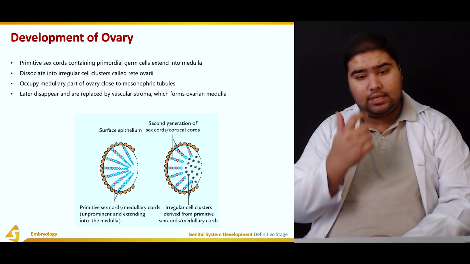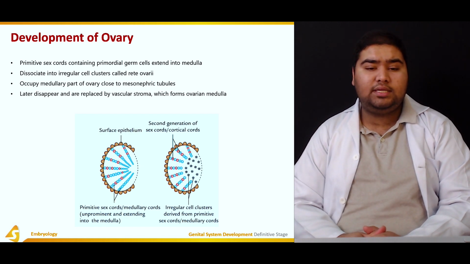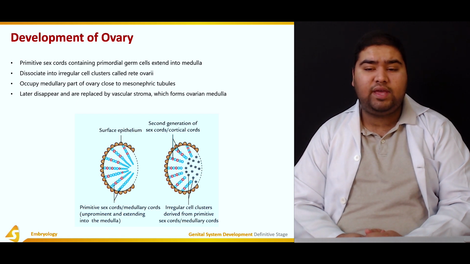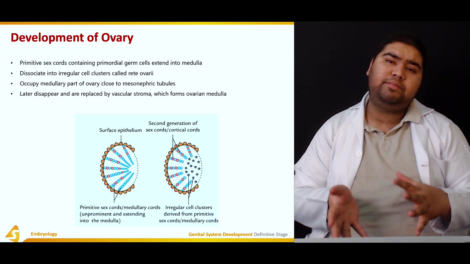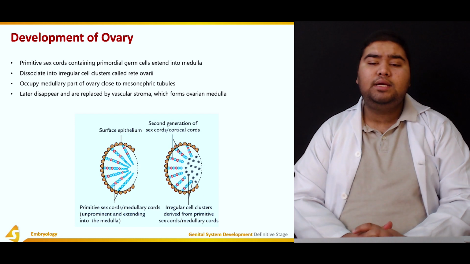Later the rete ovary disappear and are replaced by vascular stroma, which forms the ovarian medulla. So here is what is different from the development of the male counterpart.